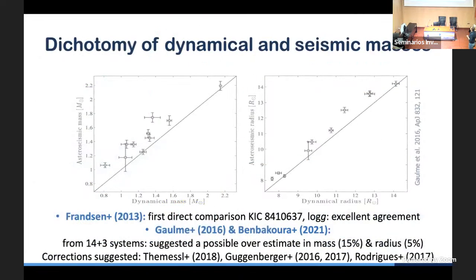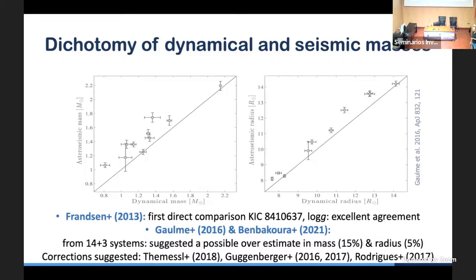Now, taking a different step. I mentioned before that the mass can be determined from the binarity. But there was a study a couple of years ago that if you take the dynamical masses of oscillating giants in eclipsing binary systems and compare them with the seismic masses, they can differ by up to 15%.